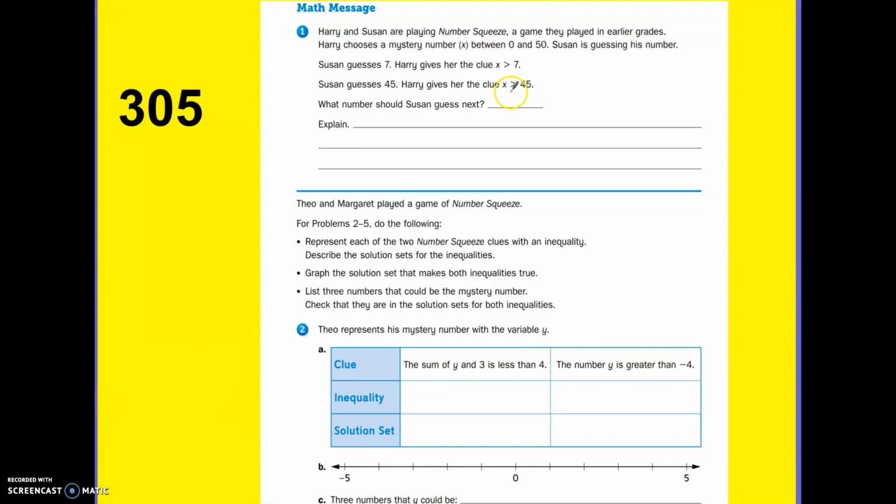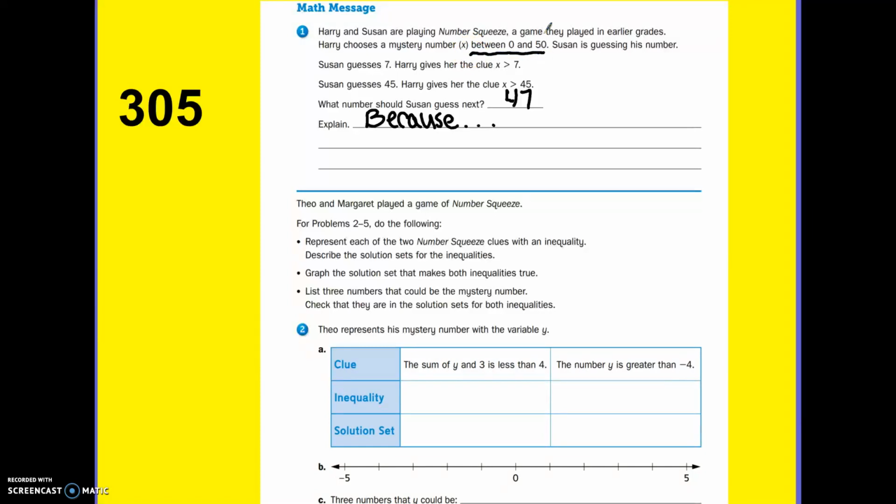So I'm going to guess 47. Okay, that is a good guess because we know that 47 is greater than 45, but it's also still between our 0 and 50.